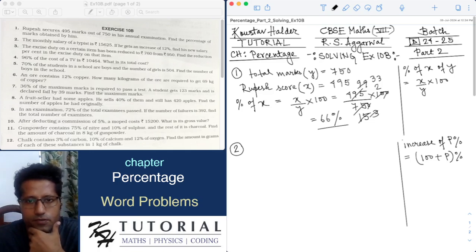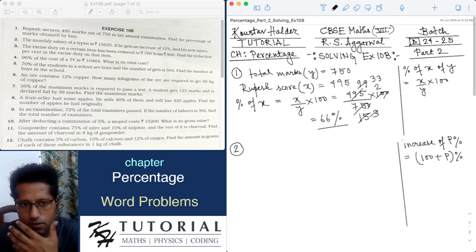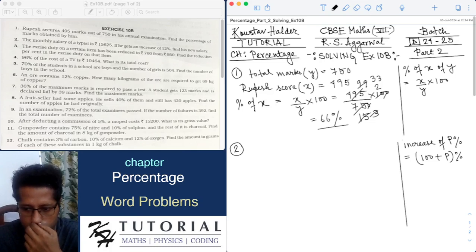If he gets an increase of 12%, now why is this 100 plus p? Whatever the quantity is, let's say the increase of percentage means the increase of salary. Instead of salary, it could be any other quantity which has a unit.